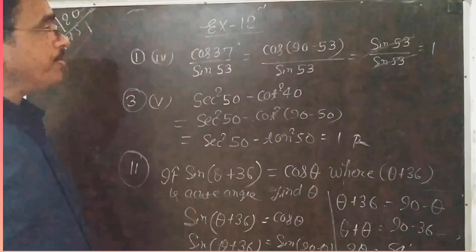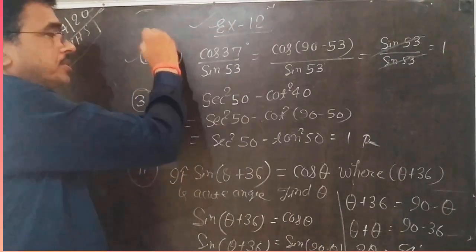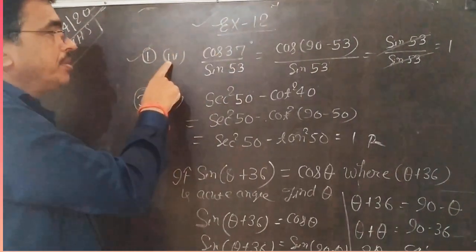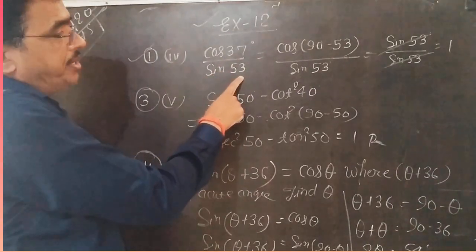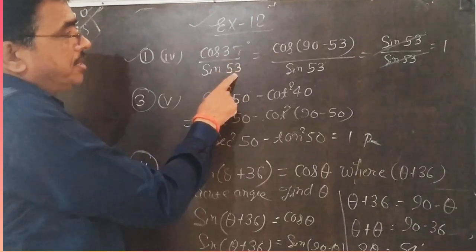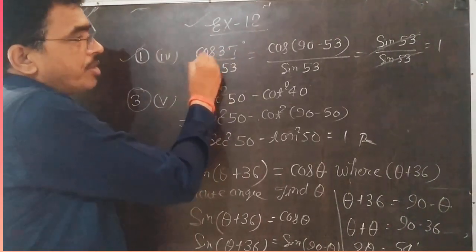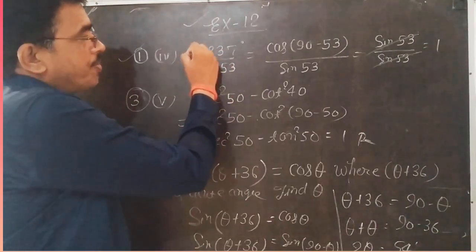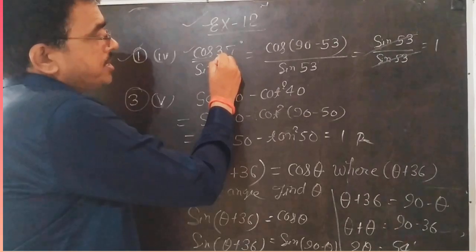Some MCQ questions in your exercise 12. The first question of exercise 12: cos 37 by sin 53. Dear students, find out both are complementary always. So 53 plus 37 is always 90. So you change only one part of this. If you change the numerator, then never change the denominator. So I change only this. This is cos 37.